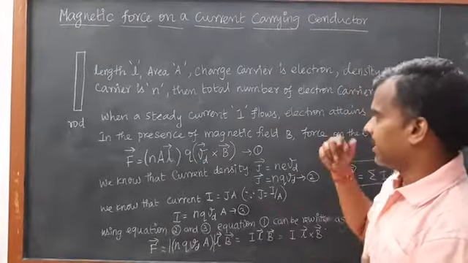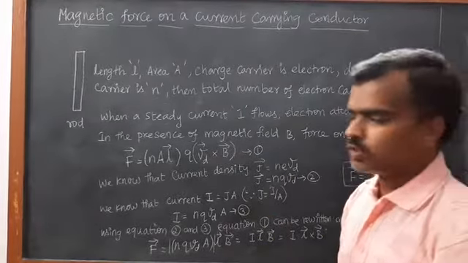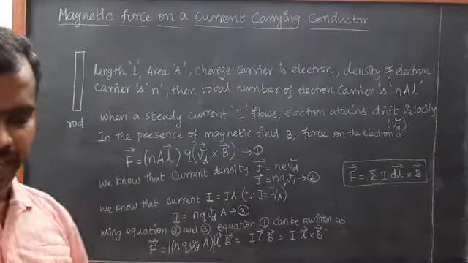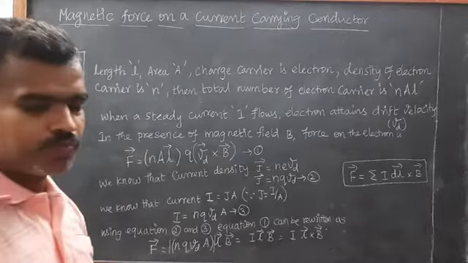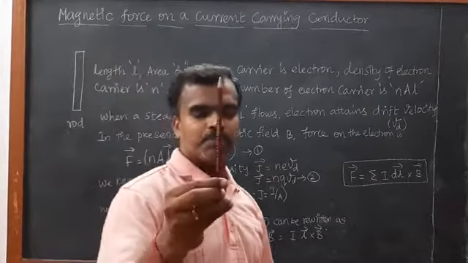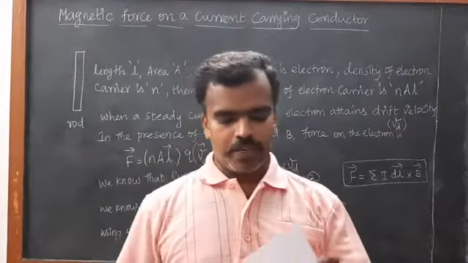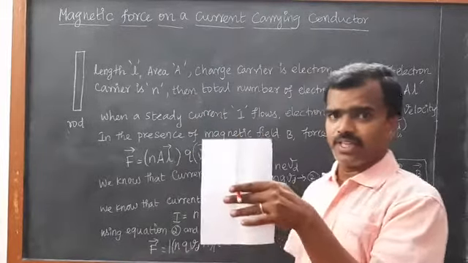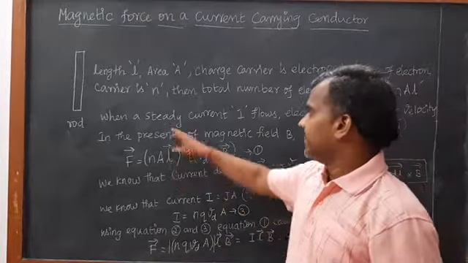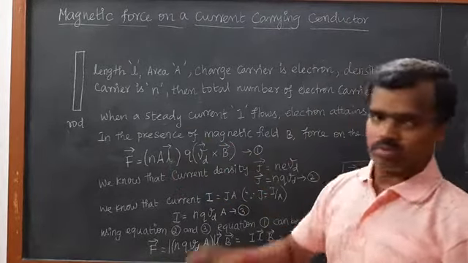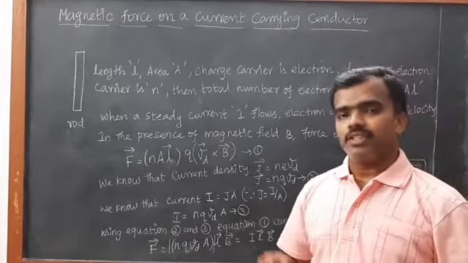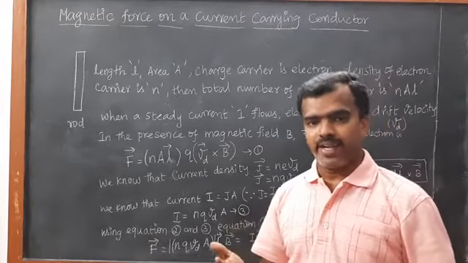When a steady current passes through this straight line conductor, again the same demo: this pencil is a straight line, and I am placing it on a paper. When a steady current I flows, the electron attains a drift velocity.